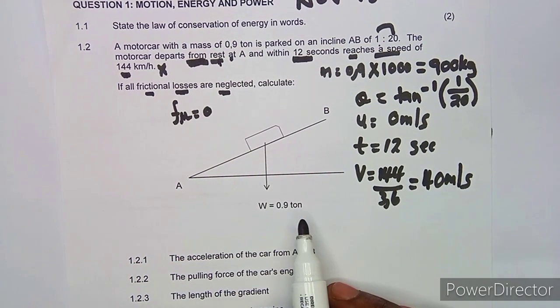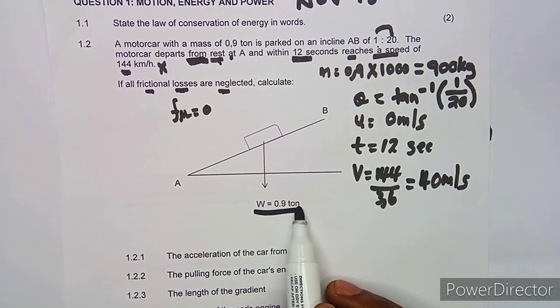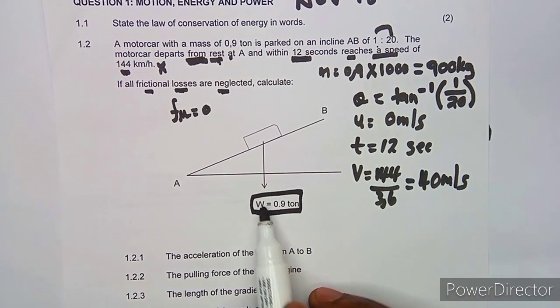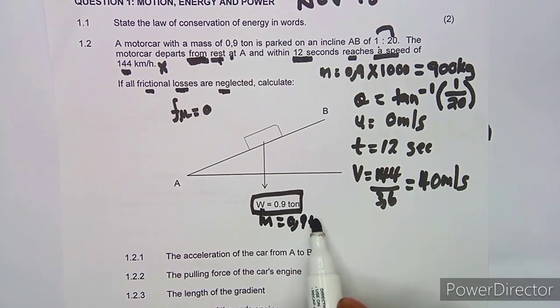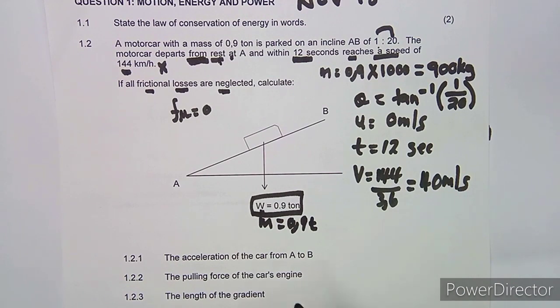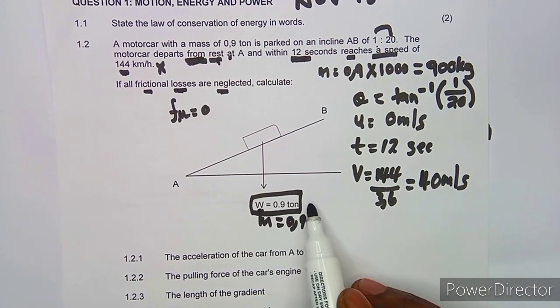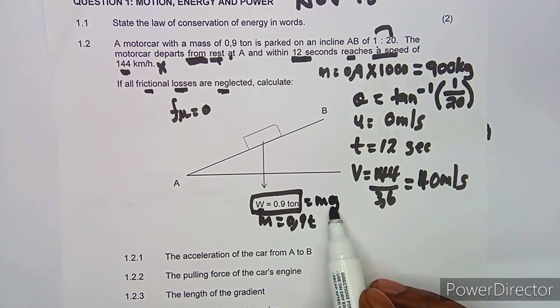Here, this is not W, this is mass. This is wrong. The mass is equal to 0.9 ton, then weight, which is W, remember, weight is equivalent to mg.